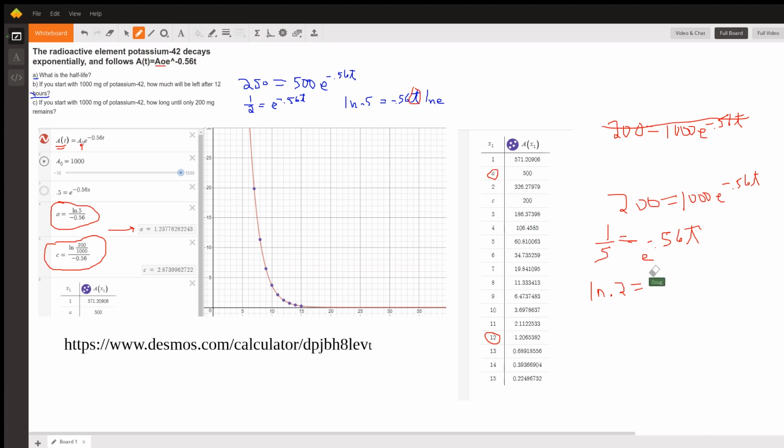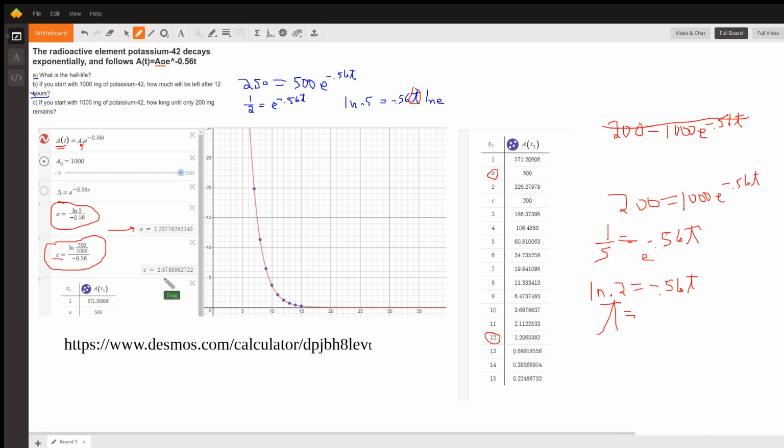So I'll write this as negative 0.56t times the natural log of e, but the natural log of e is 1. So finally, to get the t value, I divide both sides by negative 0.56 here, as I did for part C.